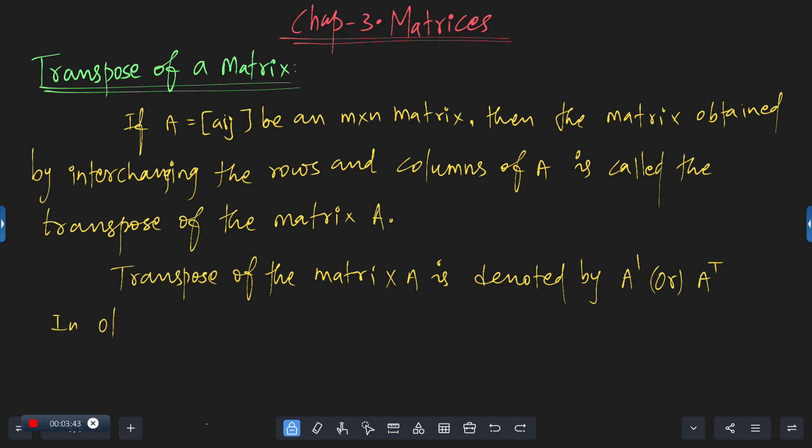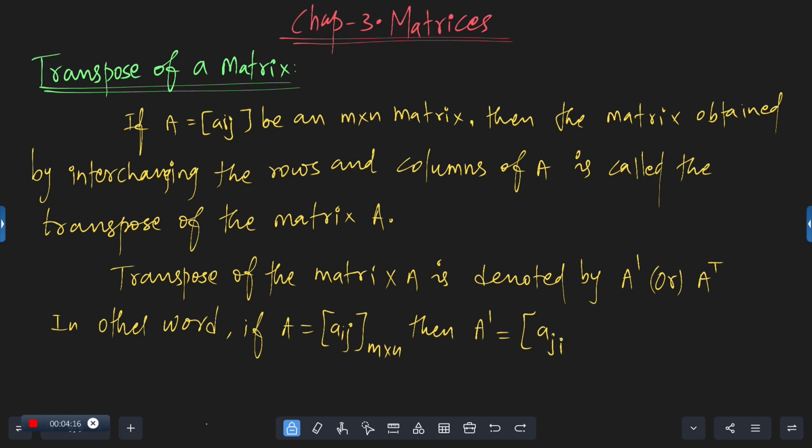In other words, m by n becomes n by m. If A is equal to the matrix Aij of order m by n, then A dash or A transpose equals Aji, meaning row and column are interchanged. Here we have already discussed, i means row, j means column.